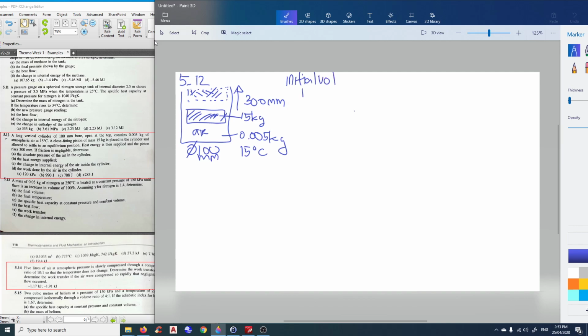We're going to use PV equals mRT, so P1, V1, m1, T1. The question says it is open at the top, hence it is exposed to the atmosphere. So P1 here will be the absolute pressure of the atmosphere, which is 101.325 kPa. V1 is what we're looking for.